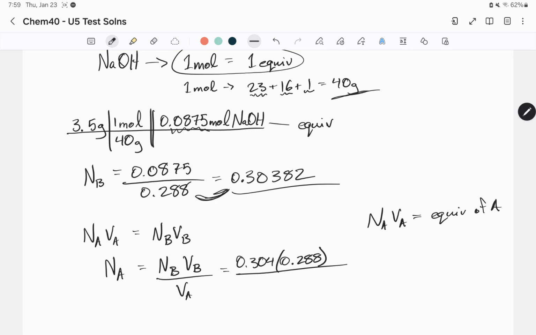But anyway, if that's confusing, feel free to ignore the last 30 seconds. 0.304 times 0.288 divided by the volume of acid; we are told that we have 115 mL of acid. I've converted both volumes into liters, and this gives us a normality of 0.761. Okay, and we have answered the question.